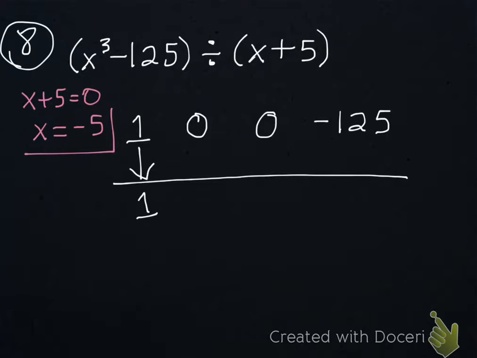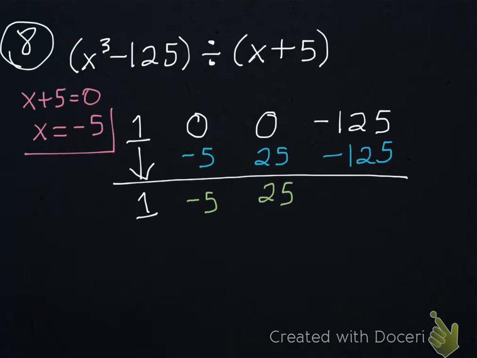Now multiply. -5 times 1 is -5. Add the column. -5. -5 times -5 is +25. Add the column. 25. -5 times 25 is -125.